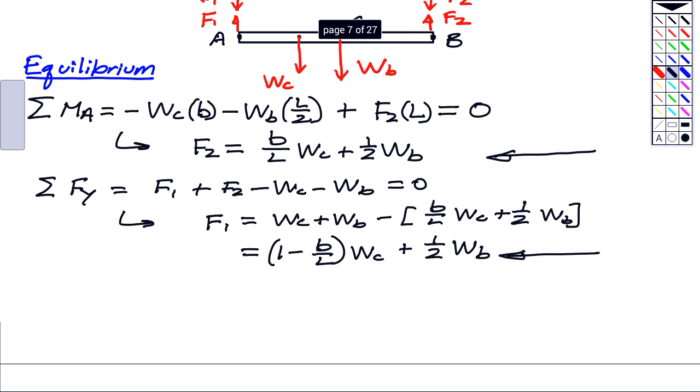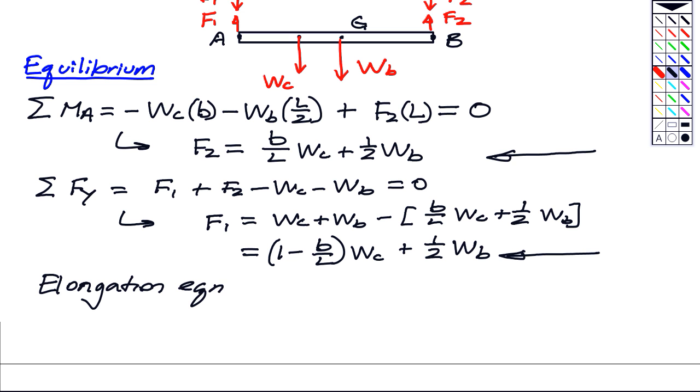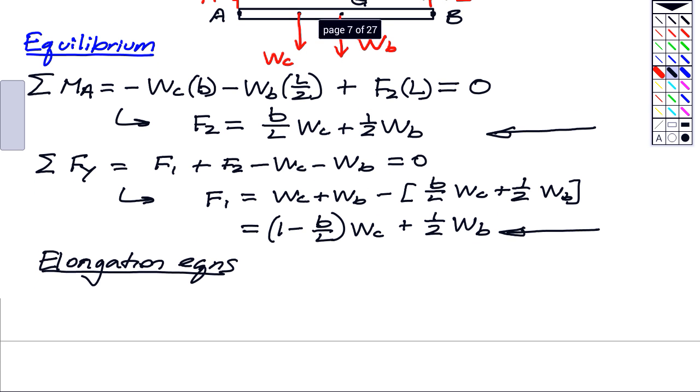Now, for our elongation equations, we have a simple relationship to remember, and that is that the displacement downward of A is entirely due to the elongation of 1. So that's F1 times the length of 1 divided by E1 A1.